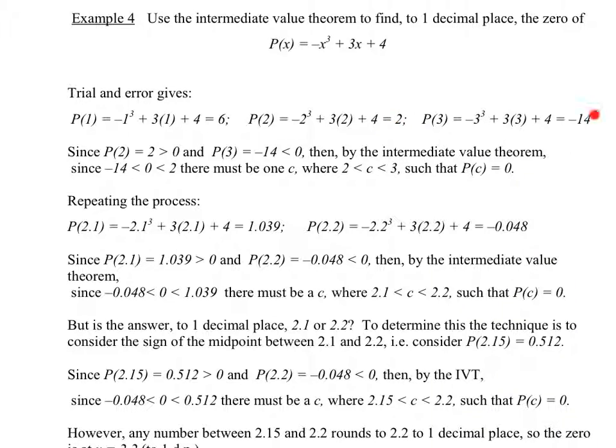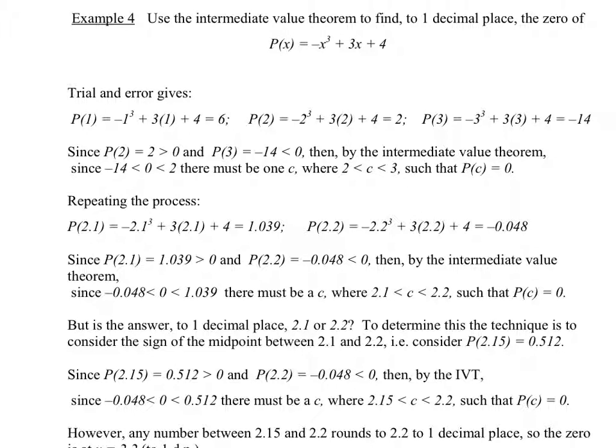That means that between 2 and 3, the function has gone from positive to negative. So there must be what we call a 0 between 2 and 3. It must go through the x-axis somewhere between 2 and 3, this function. So, where would that happen?